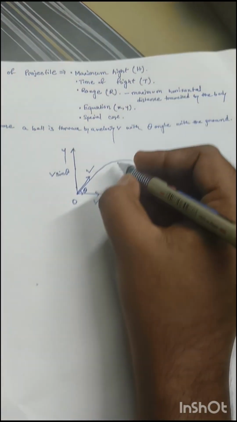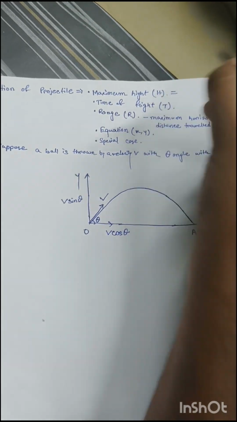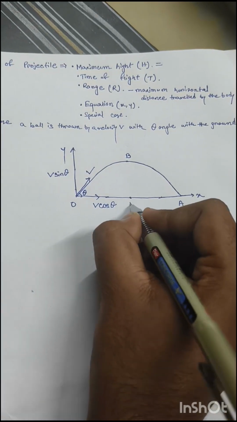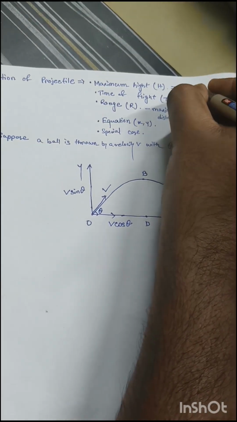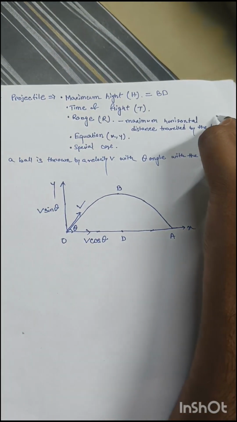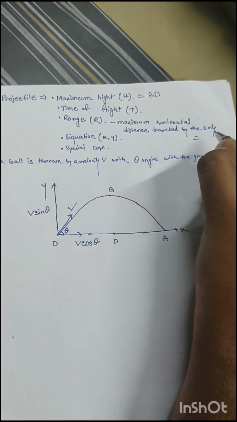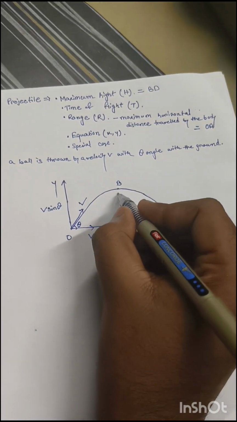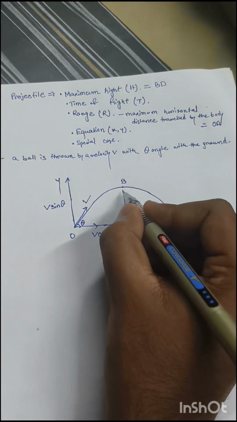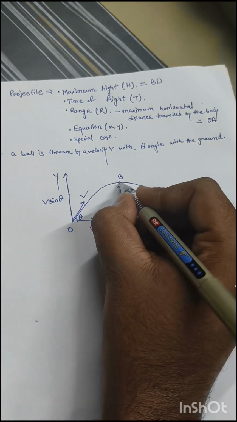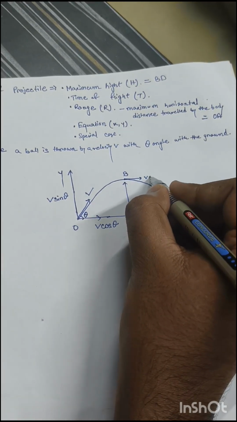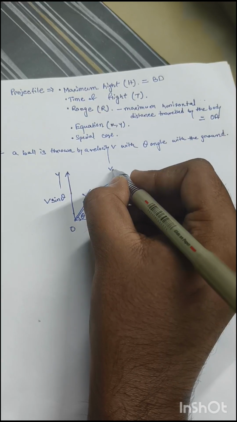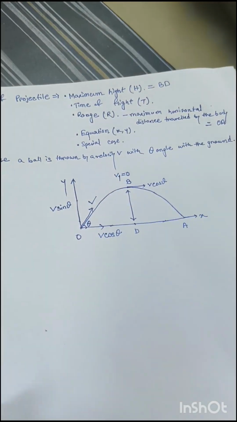Now suppose the maximum height is PD, the time of flight is t, and horizontally the distance is OA. At the maximum height, only v cos theta is present, and in the y direction the velocity becomes 0.